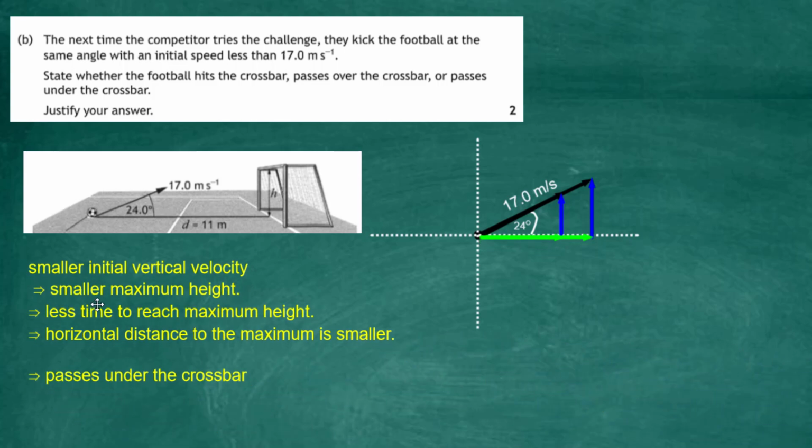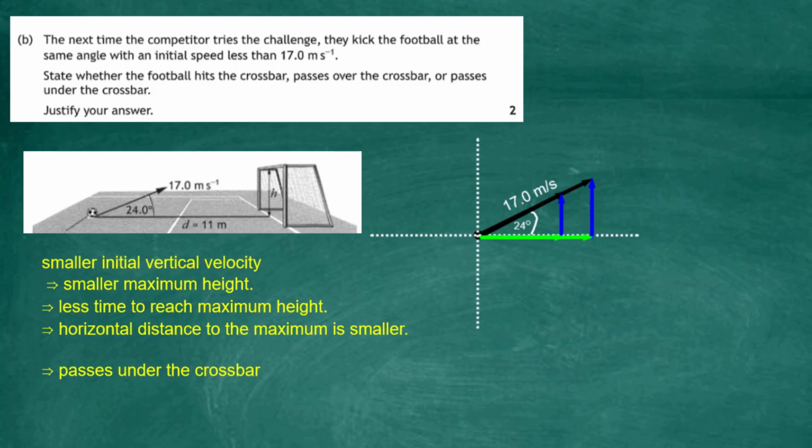Well, it means the following statements. If you've got a smaller initial vertical velocity, that implies you're going to have a smaller maximum height. It's not going to go as high as the previous one. And that also implies that it's got less time to reach the maximum height. Now, if it's taking less time to reach the maximum height, that means the horizontal distance is going to be smaller as well underneath the maximum. So what we've got in this situation is that the ball passes under the crossbar.